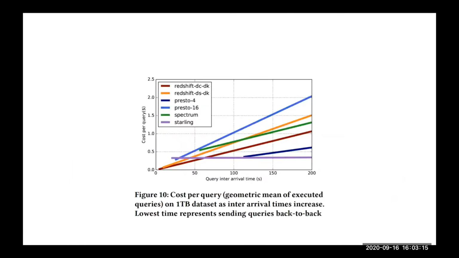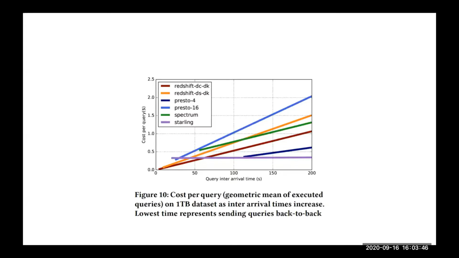So in this figure, they talk about the cost per query, and Starling's cost is constant for a given number of workers, and also the read operations. But what they also show is if the query frequency is higher, then other systems like Presto and Redshift cost higher.